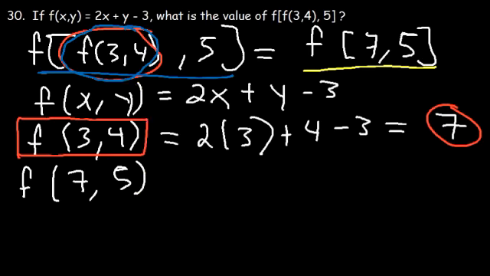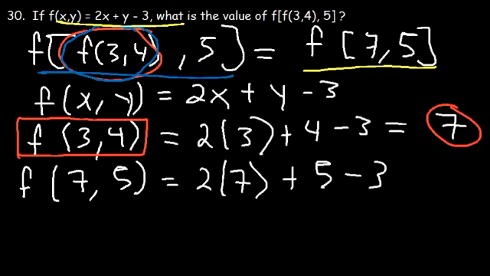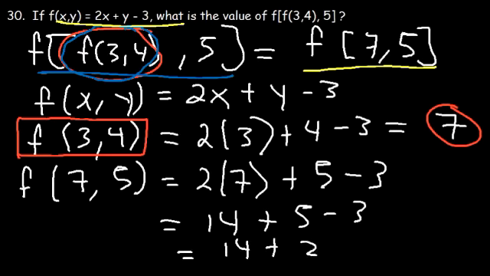So in this equation, let's replace 7 for x and 5 for y. So 2 times 7 is 14, and 14, well, let's do 5 minus 3 actually. 5 minus 3 is 2, and 14 plus 2 is 16. So the final answer is 16 for this problem.